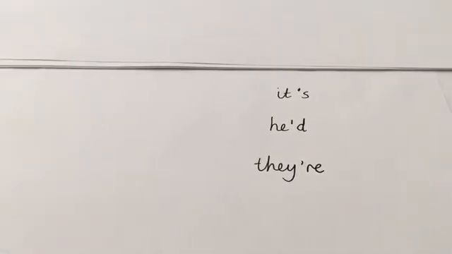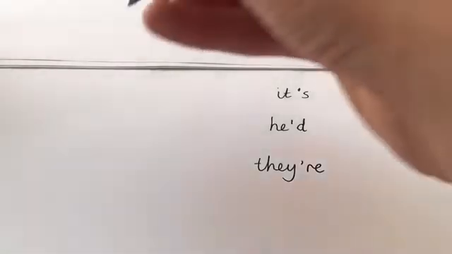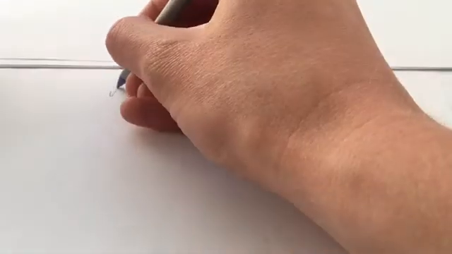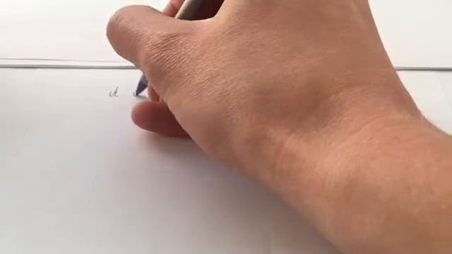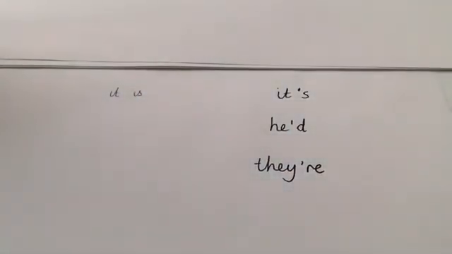Going back the other way now, we've got some examples of some contractions here. So it's sunny outside comes from it is sunny outside. So our two words are it is. He'd like some ice cream.